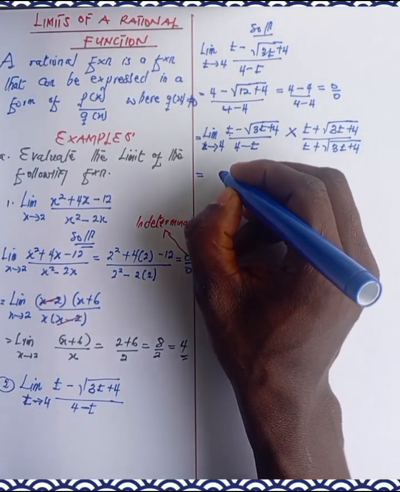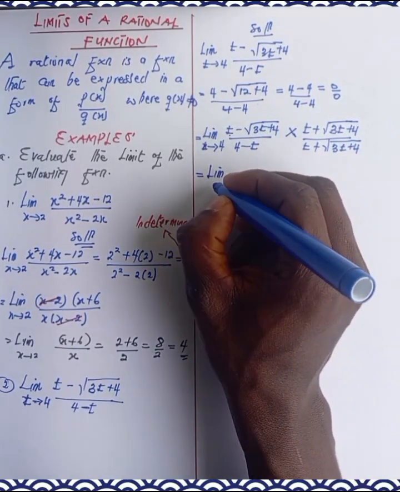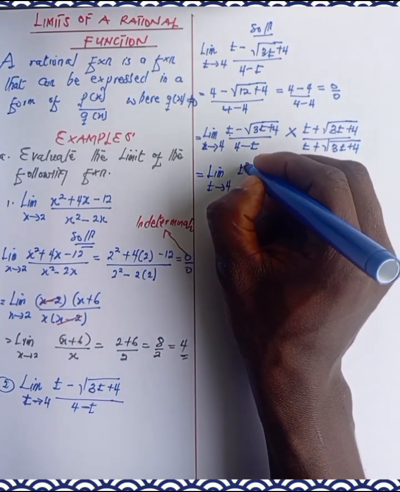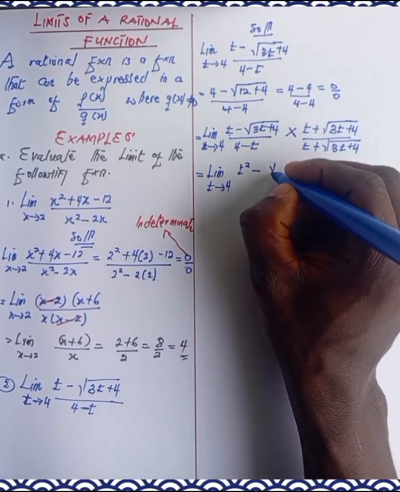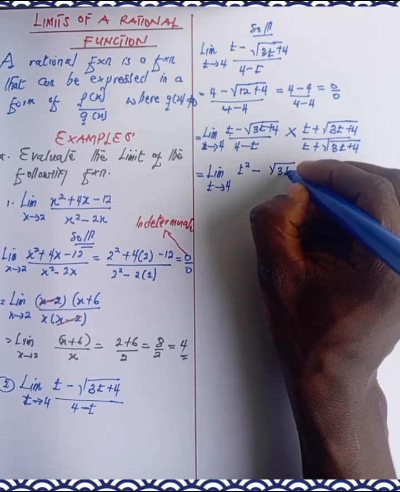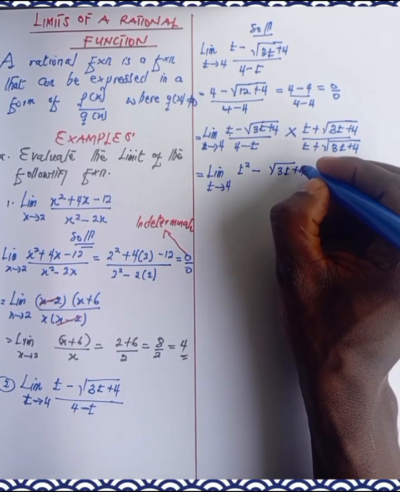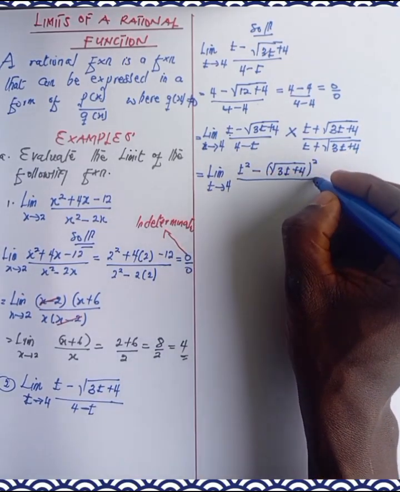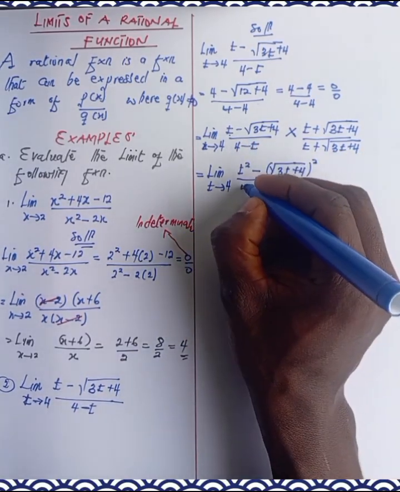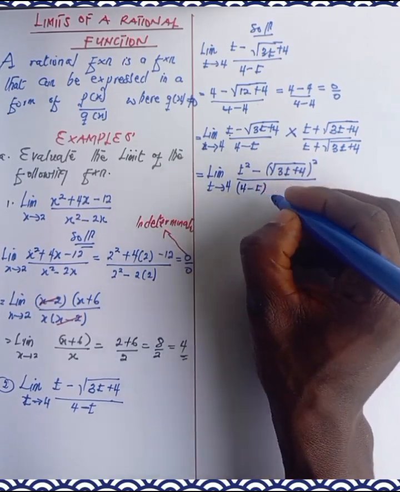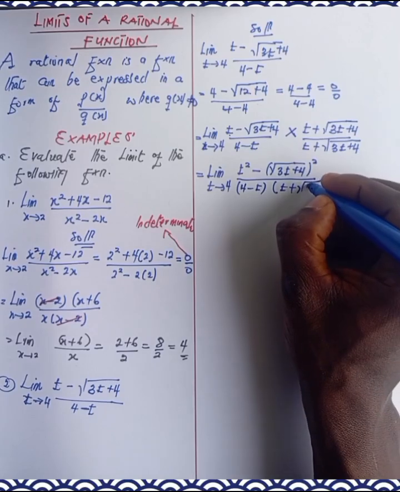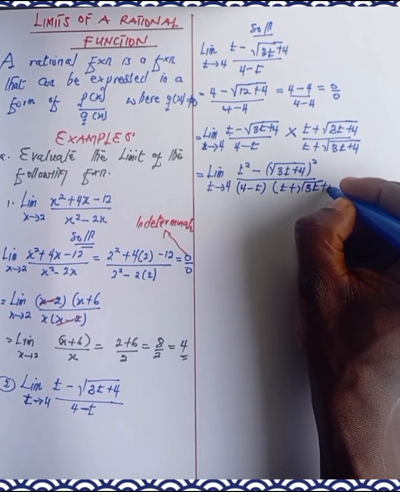So we are going to get the limit as t approaches 4 of t squared minus root of 3t plus 4, all squared, all over 4 minus t times t plus root of 3t plus 4.